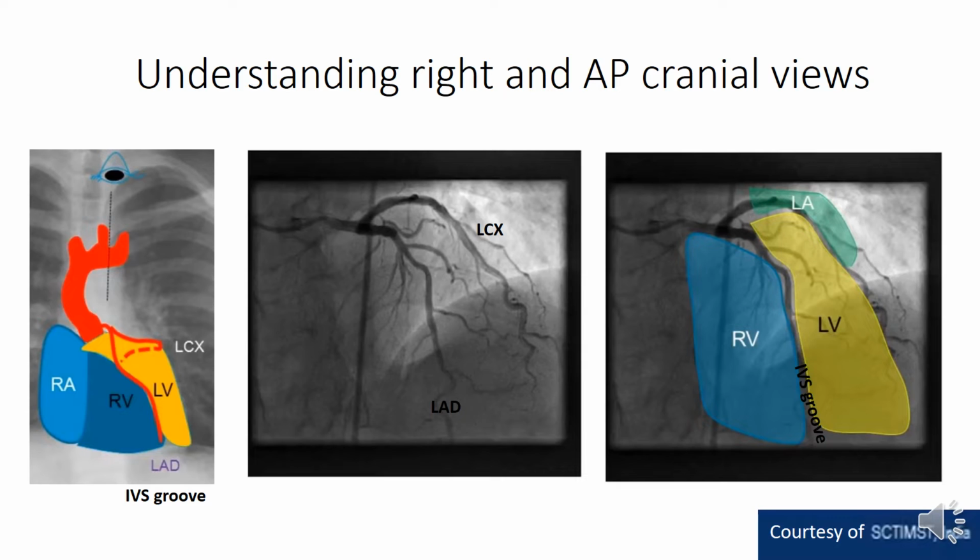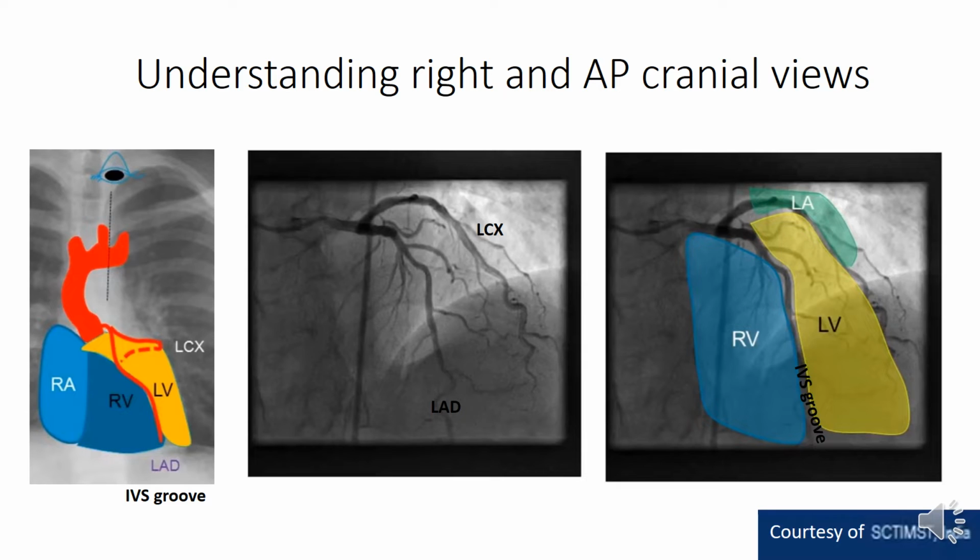As we told before, for simplification, we are dealing with them as similar orientation. So we are looking from the cranial side of the patient, we are aligned with the interventricular septal groove. So the vessel that runs along the picture is the LAD running in the interventricular septum.